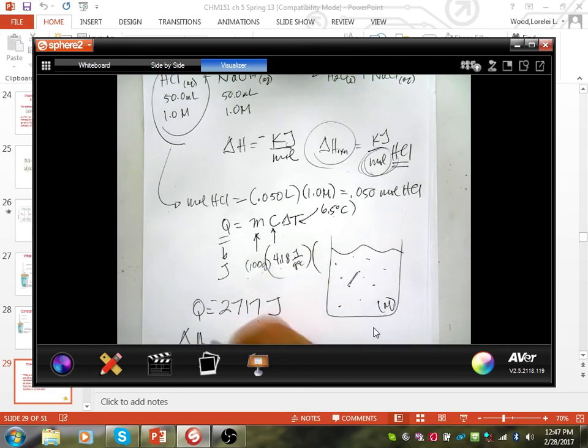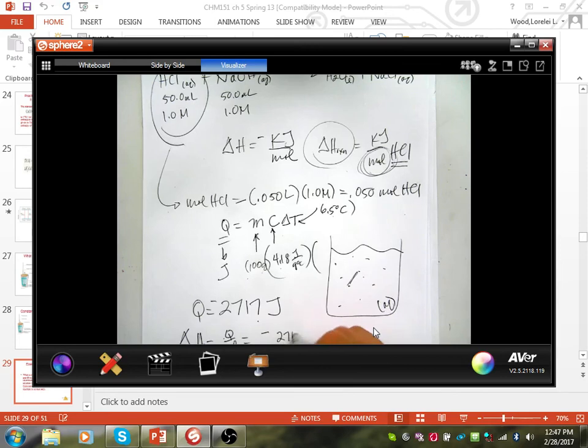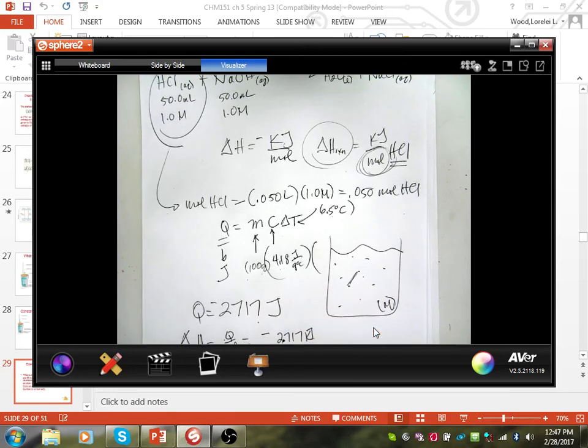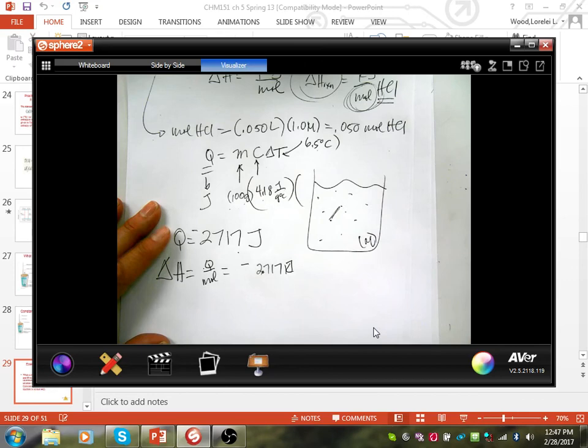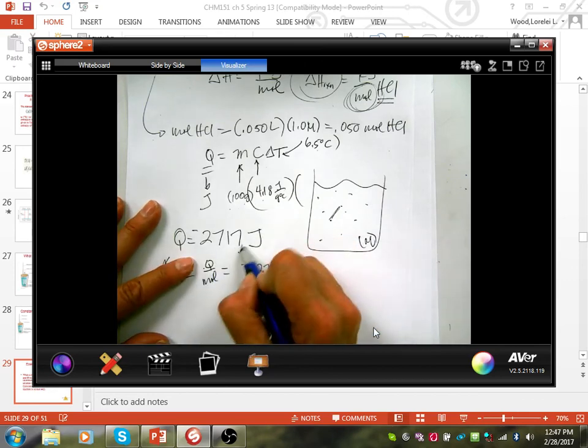So by virtue of the fact that I have to use Q per mole, I have a negative Q that's going to make my delta H negative. So I'm going to take 27.17, and what am I going to do with that? Kilojoules, which is 2.717 kilojoules, right? We took our joules, and we want to change to kilojoules.